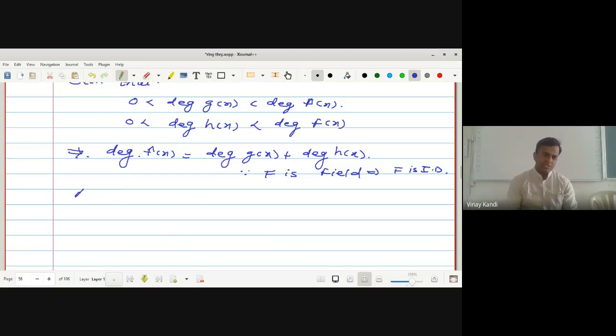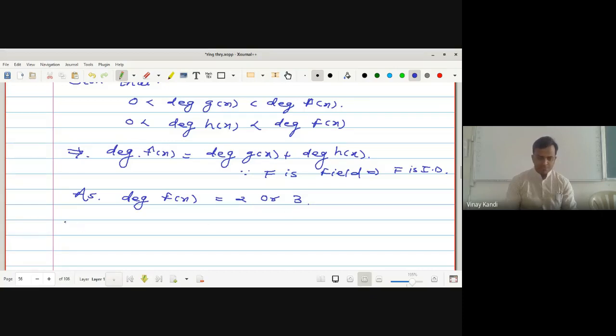Now the degree of f of x, which is given to us, is equal to 2 or 3. Pay attention now. Suppose degree of f of x is equal to 2 or 3.